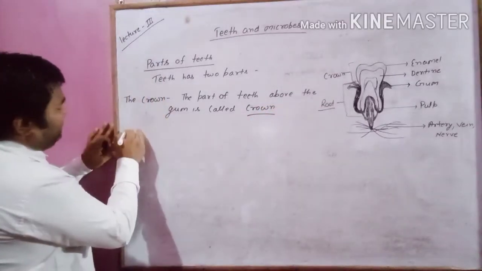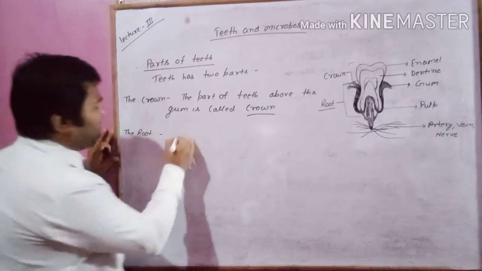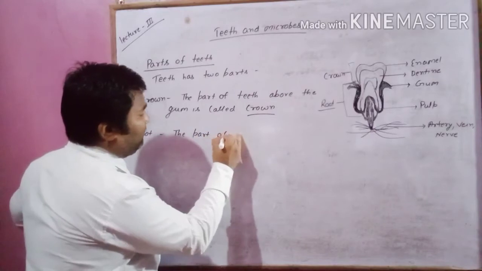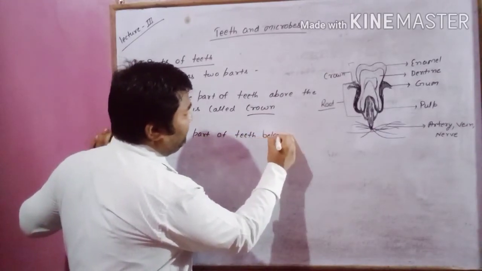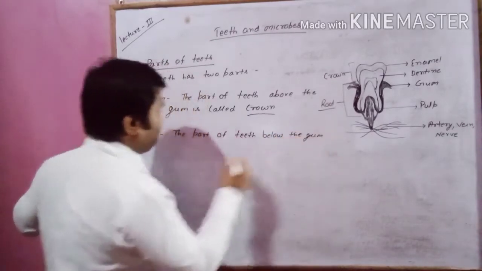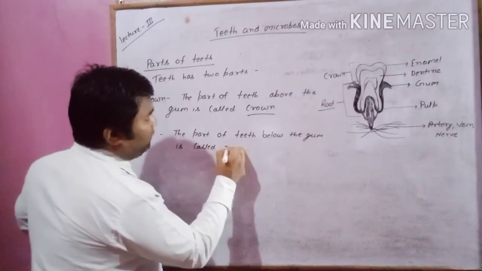Next is the root. What is this? The part of teeth below the gum is called root.